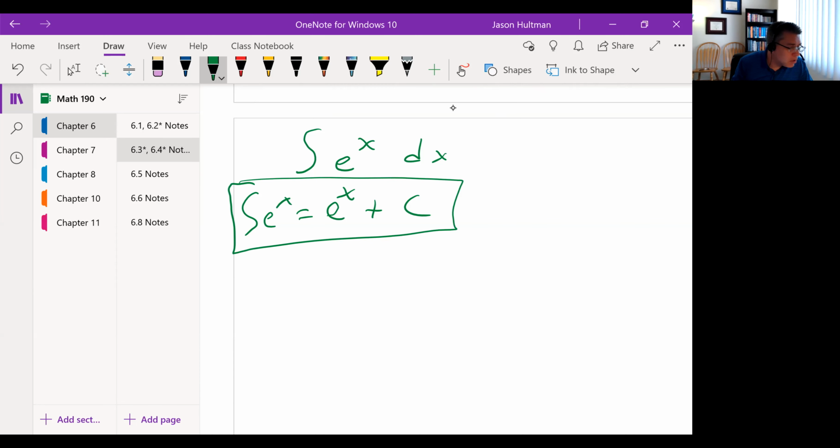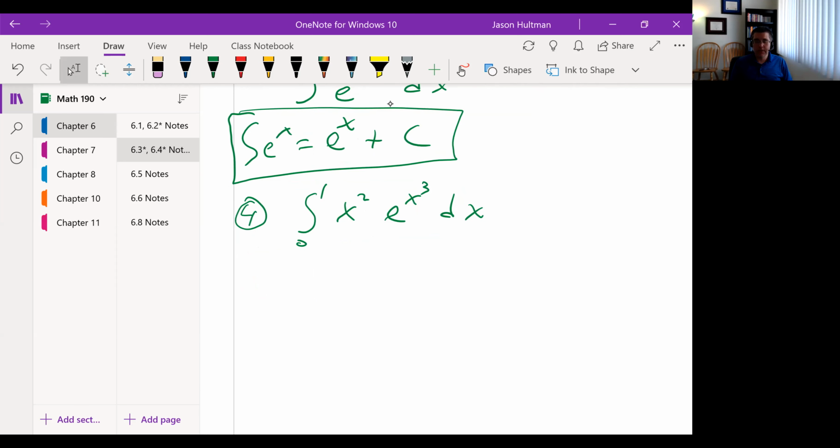Okay, evaluate. Let's evaluate number 4 here: the integral from 0 to 1 of x squared e to the x cubed dx. This is a u-sub.